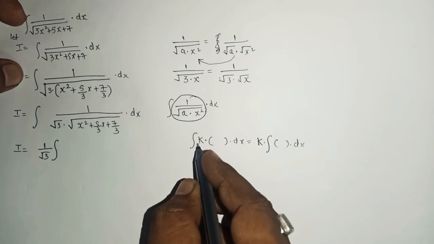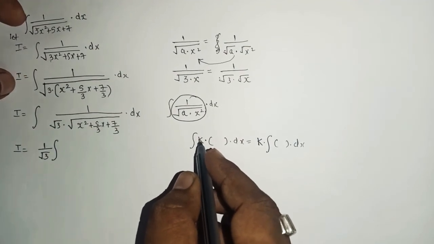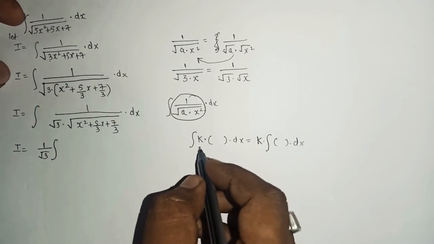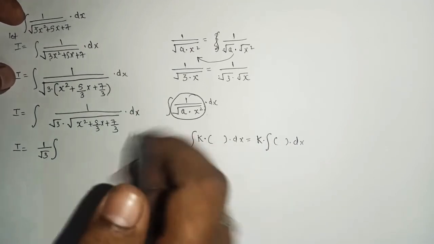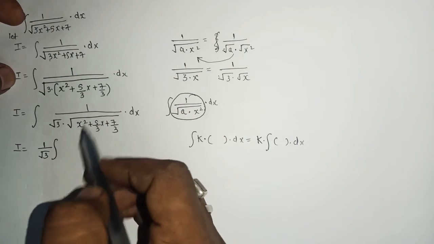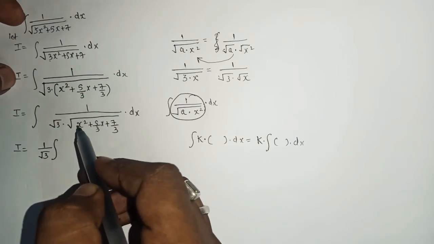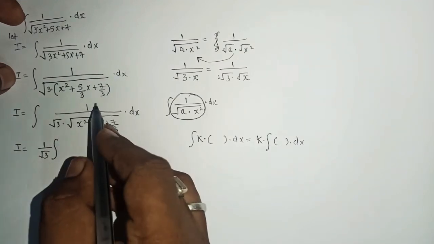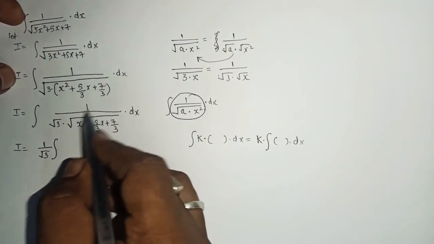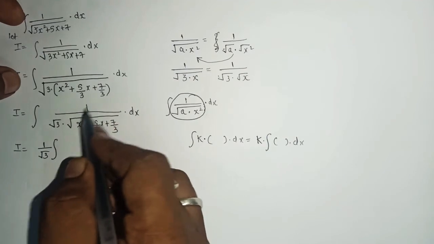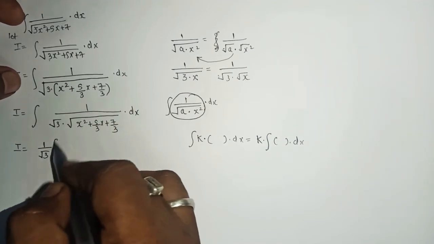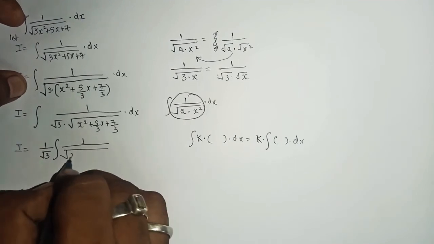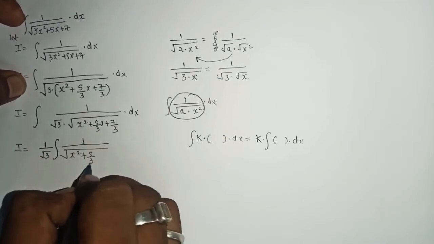Constant means any number inside the integral, we can remove that constant outside. Here we have to make the coefficient of x square 1, so that's why we did this step. As 1 upon root 3 is a constant here, we can remove it outside the integral, and we can rewrite this step like this. Yes or no?